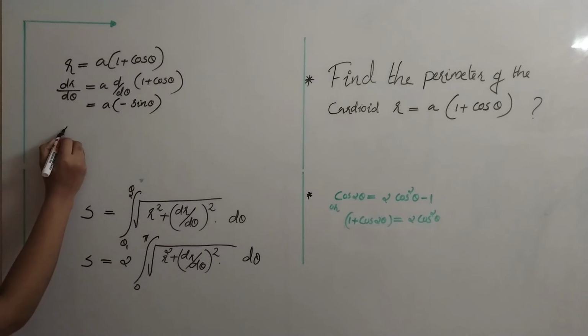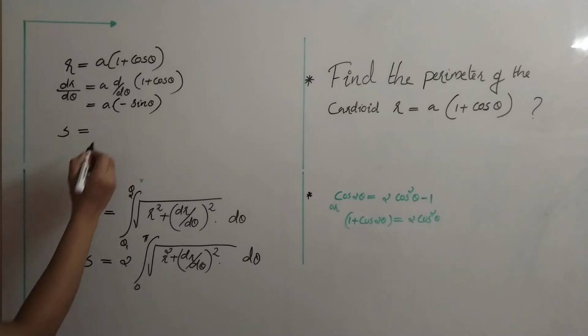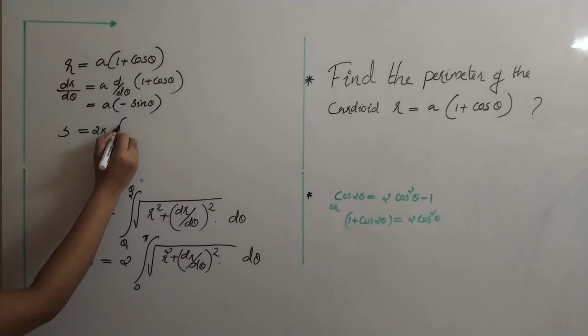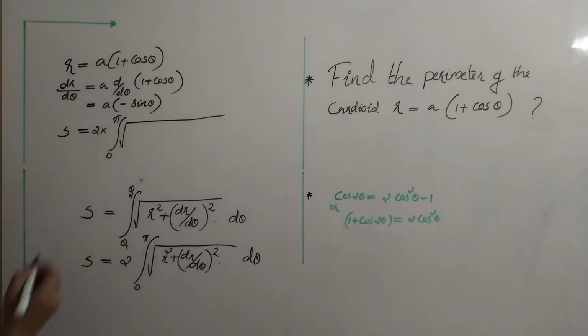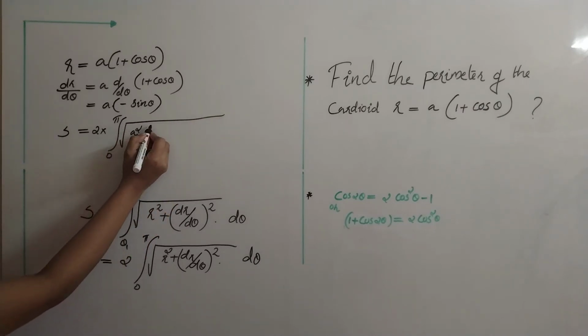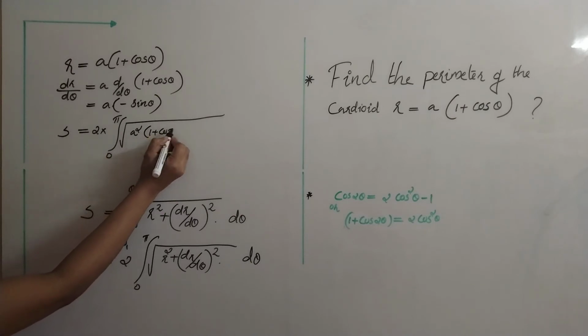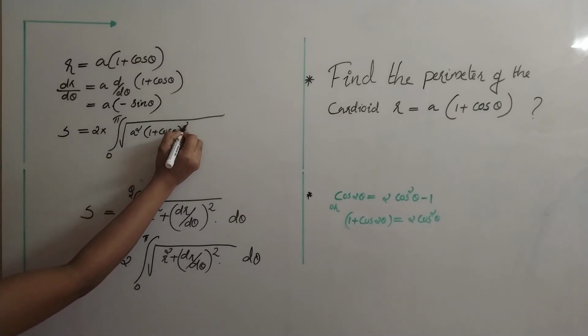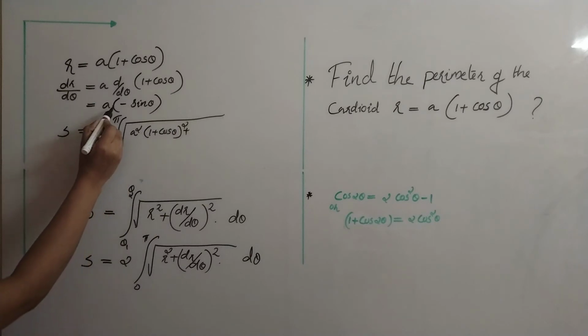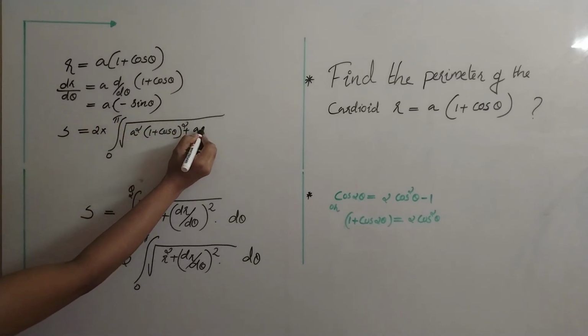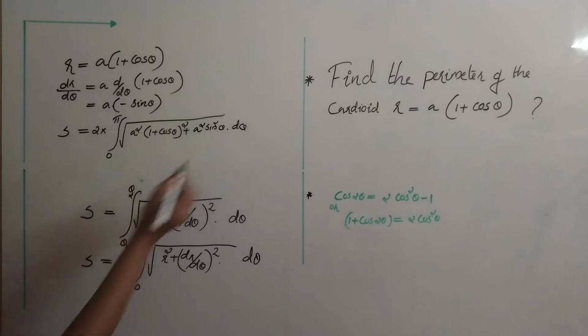Now S = 2 times the integral from 0 to π of √(r², that is a²(1 + cos θ)², plus (dr/dθ)², that is (−a sin θ)², a² sin² θ) dθ.